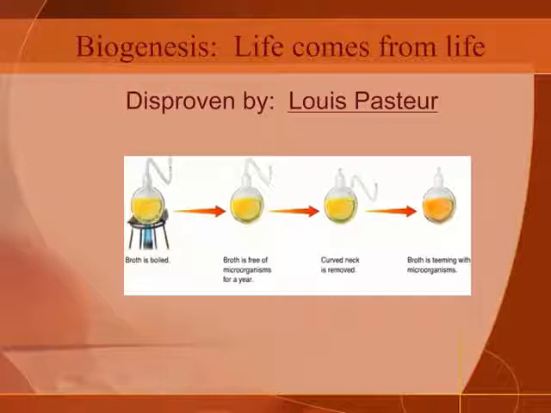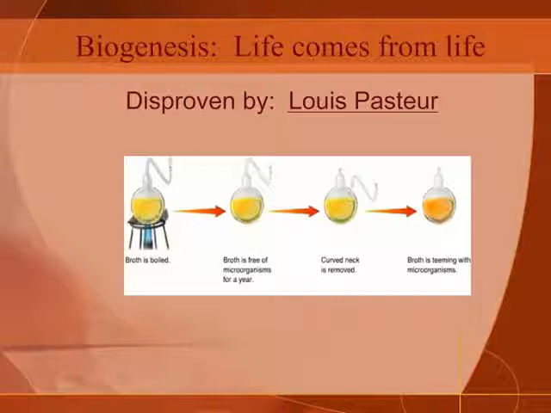He left that flask for a long time, and over a period of a year he checked that flask periodically and confirmed that there were no microorganisms in the flask. However, when he broke off the neck of the flask, he noticed that microorganisms began to grow in the broth. He proved that microorganisms could get into the flask when the neck was broken off and they reproduced.